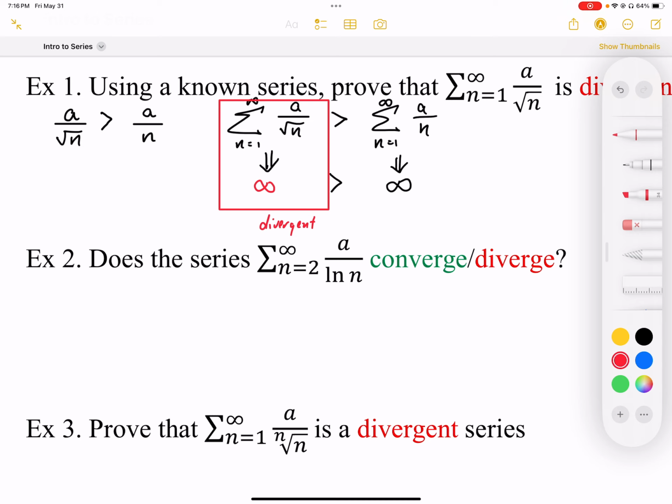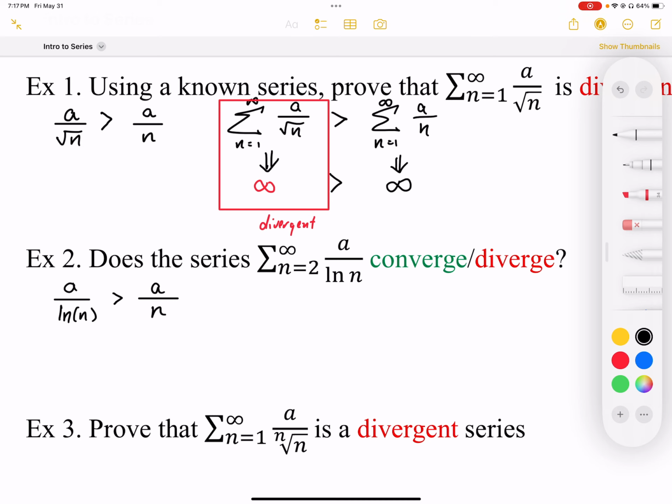And if it's really weak, it's likely to diverge. So a good comparison again would be 1 over log n, and term by term, that's going to be bigger than 1 over n, which is our harmonic series.